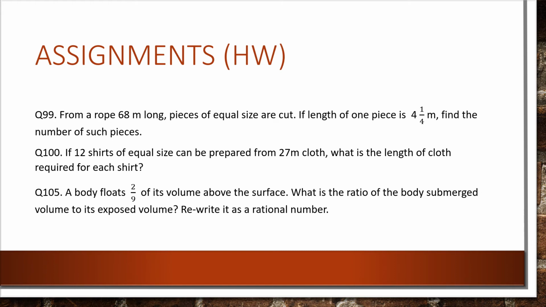Now actually it's a normal statement sum, problem sum, where the entire length of rope is given and the size of each piece is given. So how many pieces? Obviously it's a division sum, where 68 will have to be divided by 4 1/4. So I've just given a clue, a hint to the sum. Please do it on your own with proper statements.